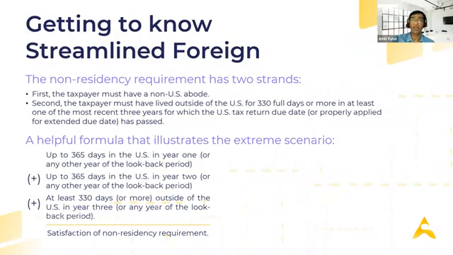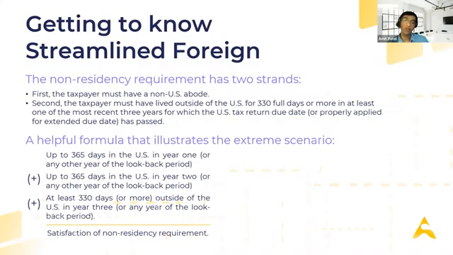But how do you decide whether you fulfill the residency or non-residency requirement? There are two aspects. That taxpayer must have a non-US abode. And secondly, the taxpayer must have lived outside the US for 330 full days or more in at least one of the most recent 3 years.